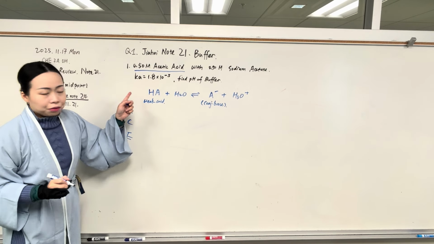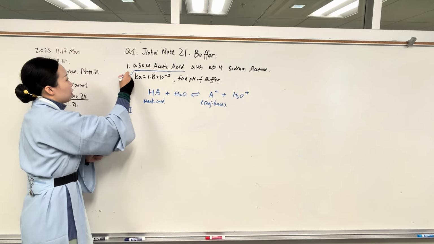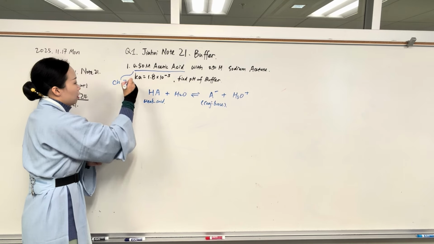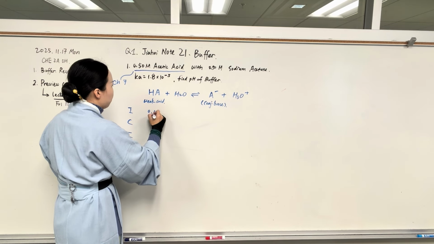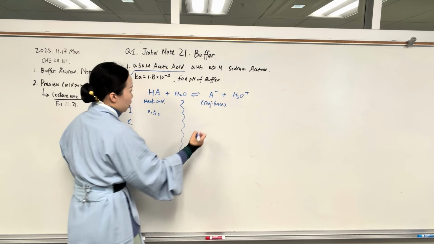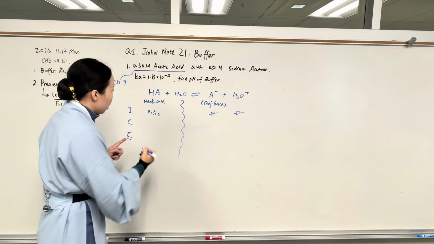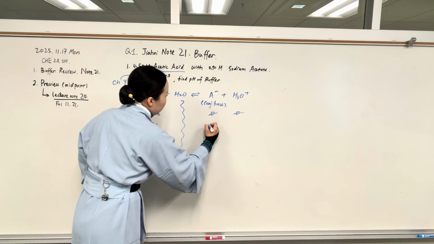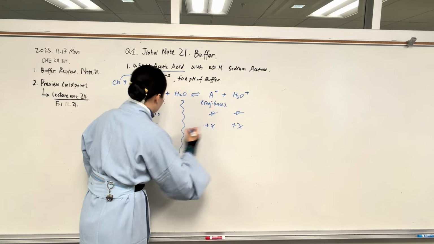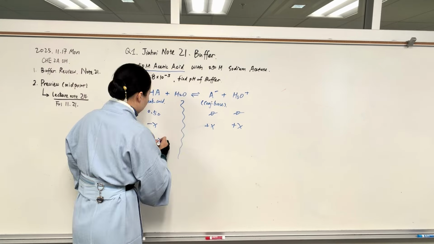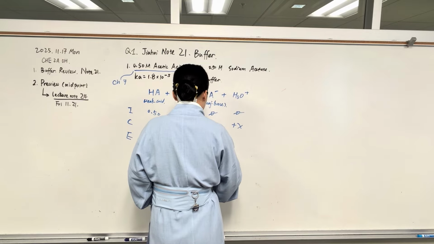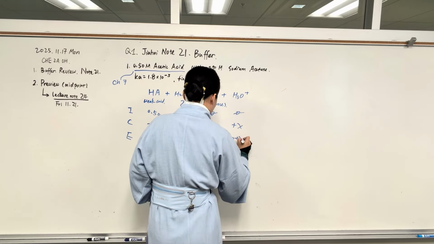Only blue, that's chapter 7. You will have 0.5, 0, 0 in the ice table. So minus x, adding x, adding x: 0.5 minus x, x, x.